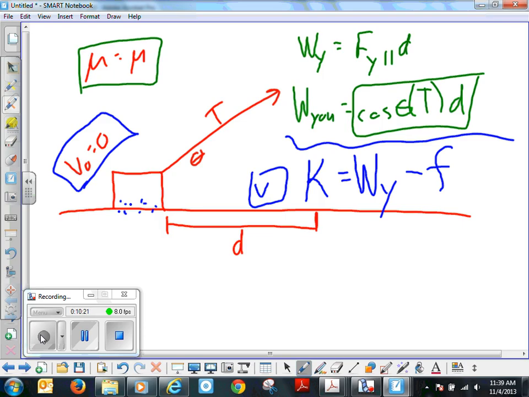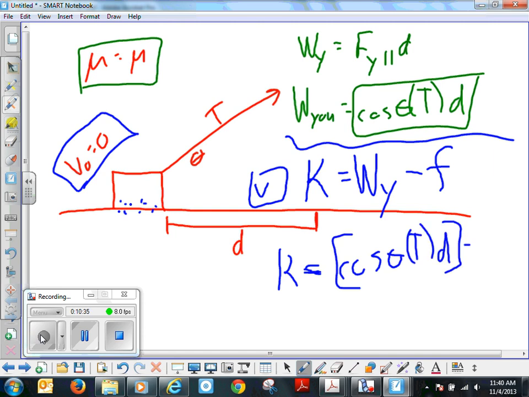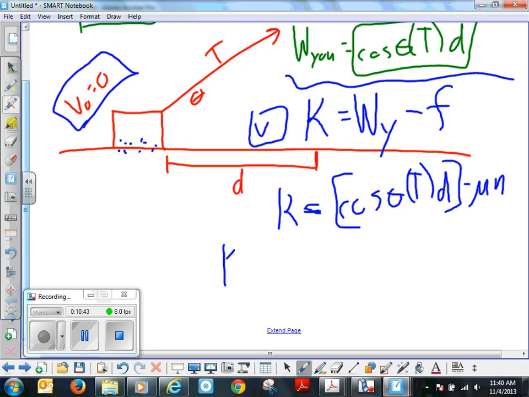Okay, so in this case then, kinetic energy is F cosine theta times d, minus coefficient times the normal. Is that good enough? No. We've got to break that down. Kinetic energy is here. Finish this expression for me.